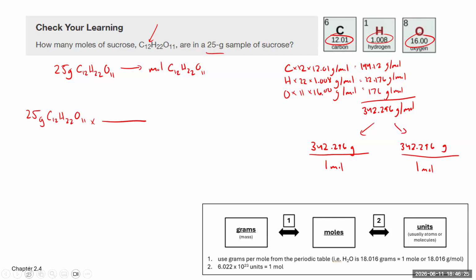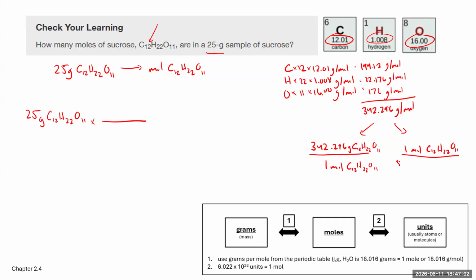And actually, let me write this out just to be proper. Sometimes I take a little too many shortcuts and people get confused, so let's make sure that doesn't happen. C12H22O11, 1 mole of C12H22O11. I just repeated that. Let's fix that. That should be on the bottom. So again, we're going to write two different fractions. That means we have to flip the top and the bottom.